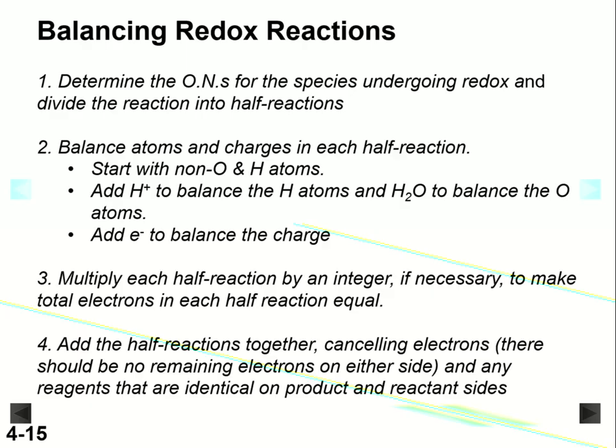That way, when you add the reactions together, the electrons will cancel, and then you cancel any identical species on each of the reactant and product sides to give you your net reaction. We'll do a series of examples with this in our next video, and you'll need to practice this on your own to see how this works out.